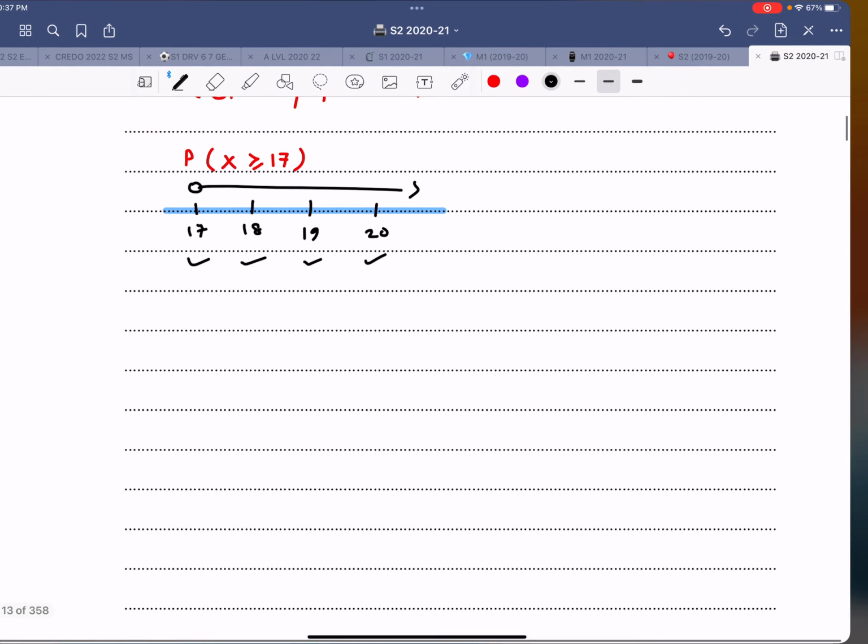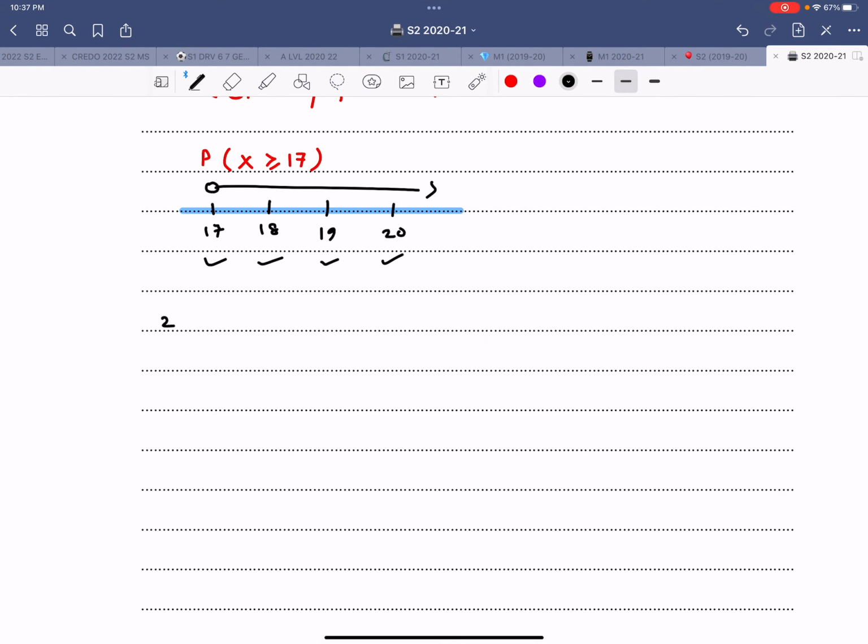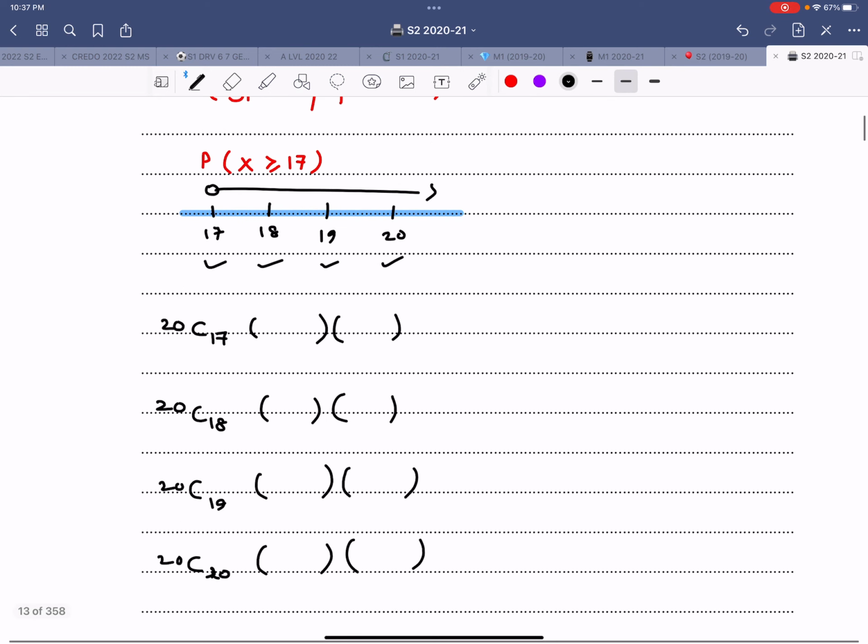So therefore probability x is equal to 17, 20C17. I'm just setting up the format. 20C18, 20C19 and 20C20, but now the probability of success is 70%. So this is 70% all over here, for 17 and 18 and 19 and 20.